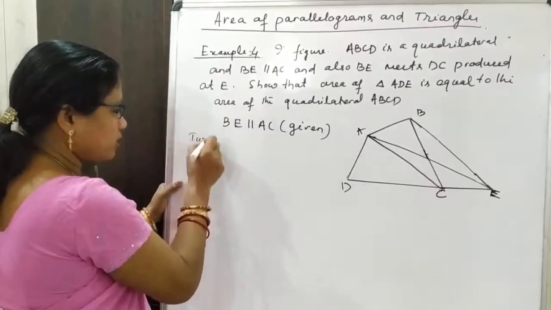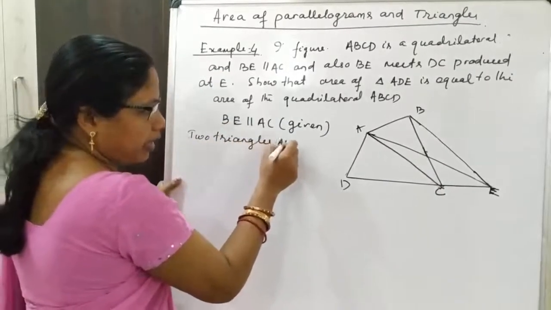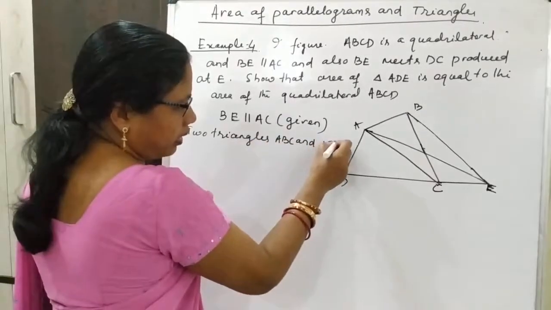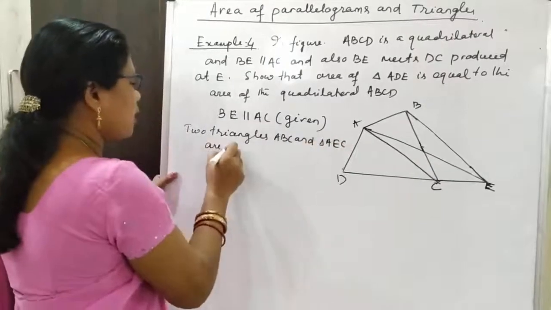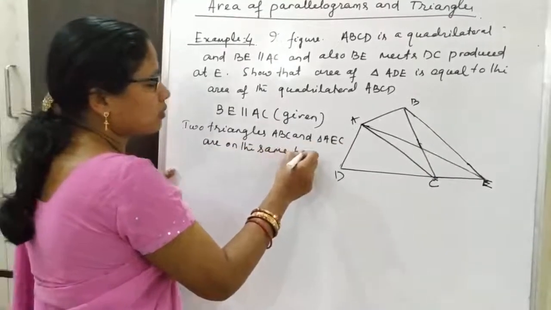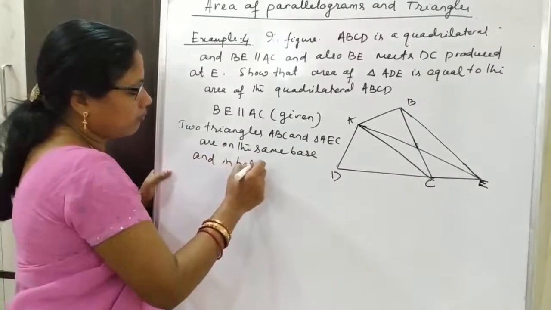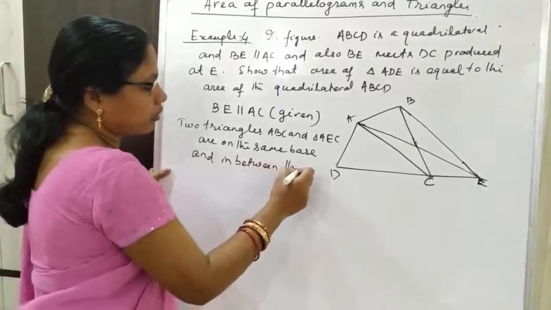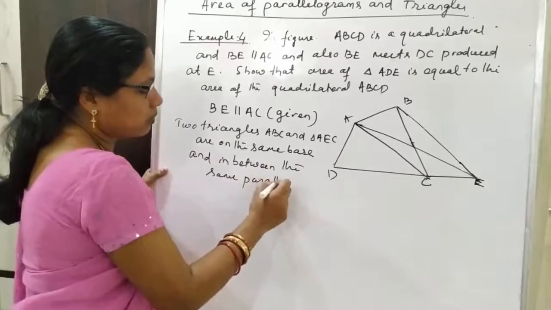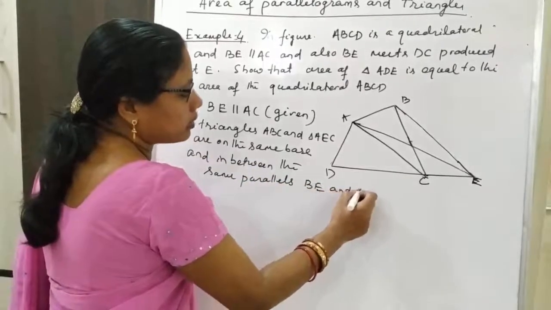Two triangles ABC and AEC are on the same base and in between the same parallels BE and AC.